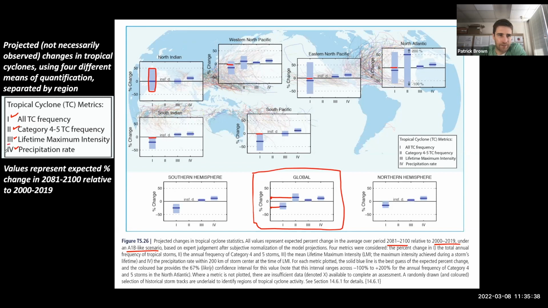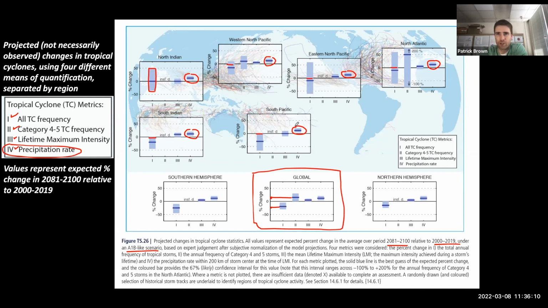But if you look at precipitation rate in every single basin, the error bar does not touch 0. So that means that we think everywhere precipitation rate should increase when there is a tropical cyclone. And again, that just comes from the fact that there's more water available to rain out in a warmer atmosphere.